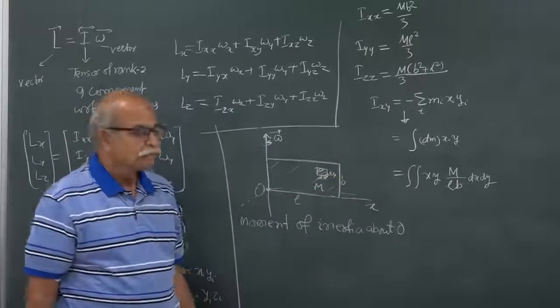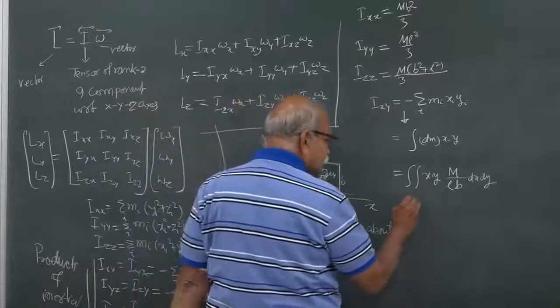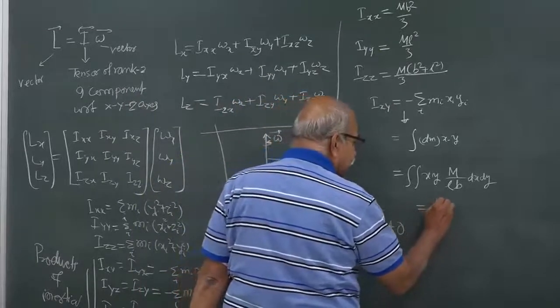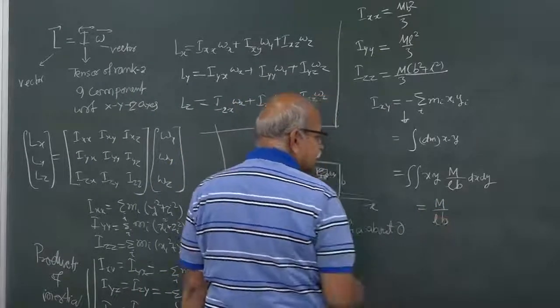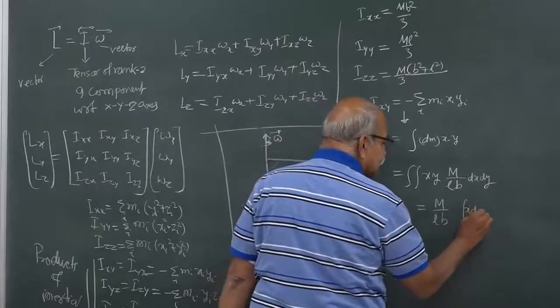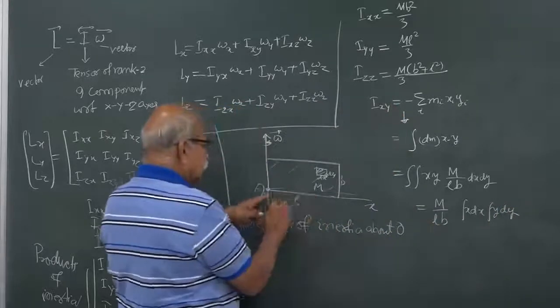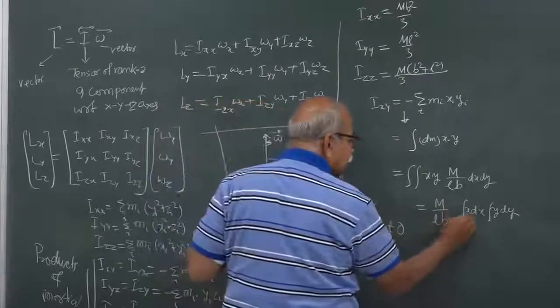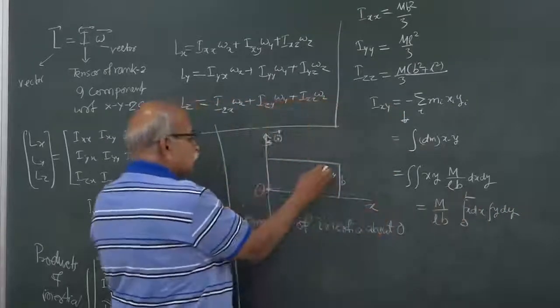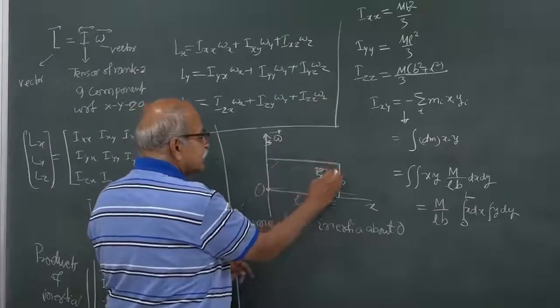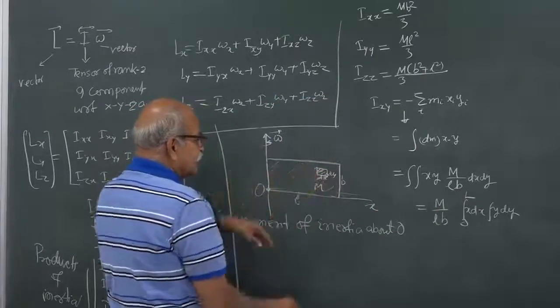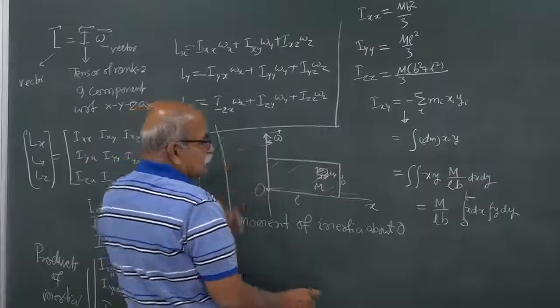So, what are the limits? Let me separate. m by L b is constant, then you have x dx and y dy. x will go from 0 to L. You have to take this element everywhere, and then add, and y will go from 0 to b.